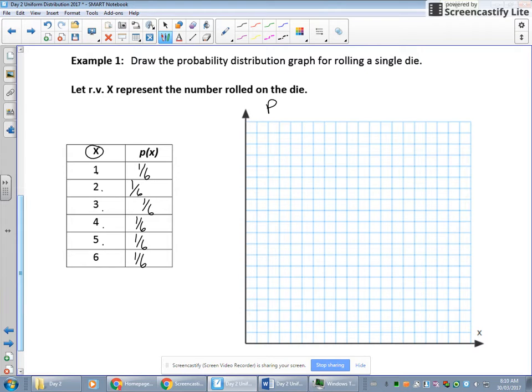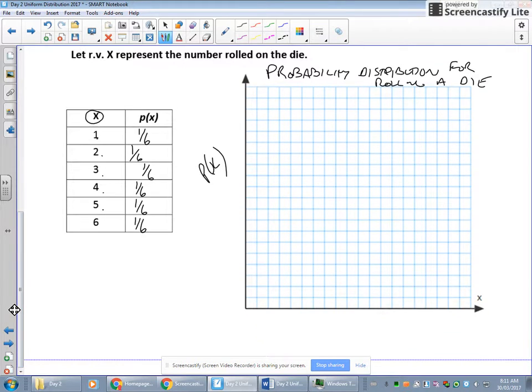So I'm going to draw a graph. This is my probability distribution graph for rolling a die. Our probabilities exist on our y-axis, and the face value, the face of the die, is on our x-axis.